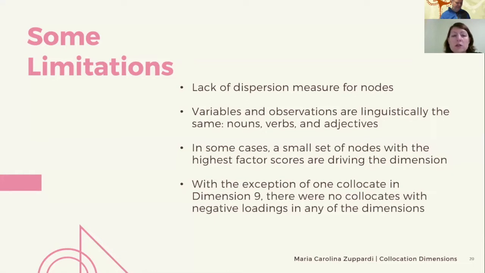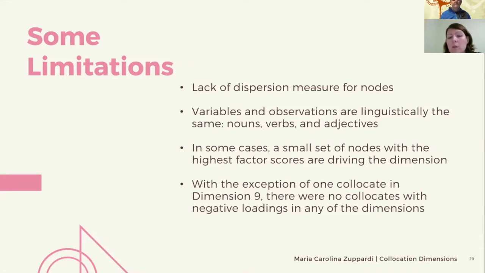And vice versa. So the nouns that were collocates were nodes in dimension 7. So that is something to think about. It could be the reason that's driving the results, and it happens that in some cases a small set of nodes with the highest factor scores are driving the interpretation of the dimension, right?